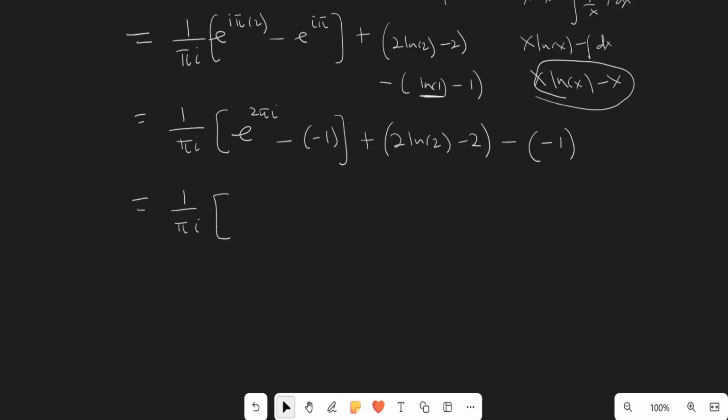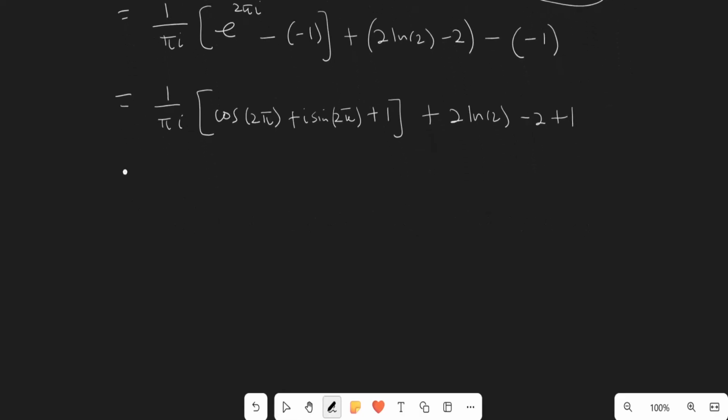So that is going to be equal to 1 all over pi i, e to the 2 pi i. E to the 2 pi i can also be written as what? It is cosine of 2 pi plus i sine of 2 pi. Minus minus, that's going to be plus 1, plus 2 ln of 2 minus 2 plus 1. So cosine of 2 pi is 1. That is cosine of 360, which is 1.